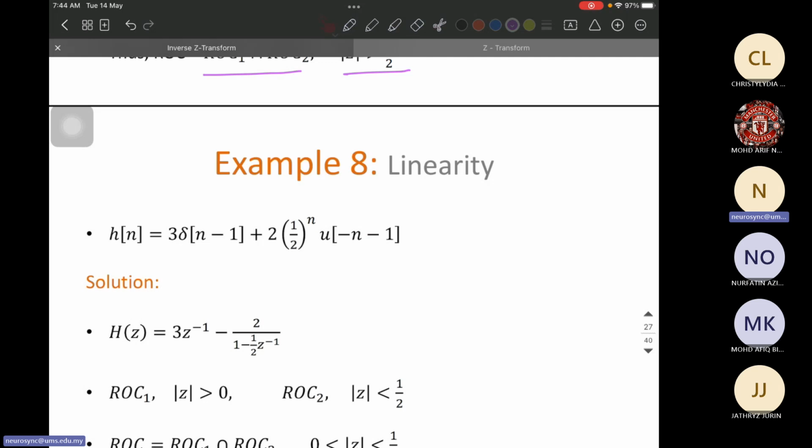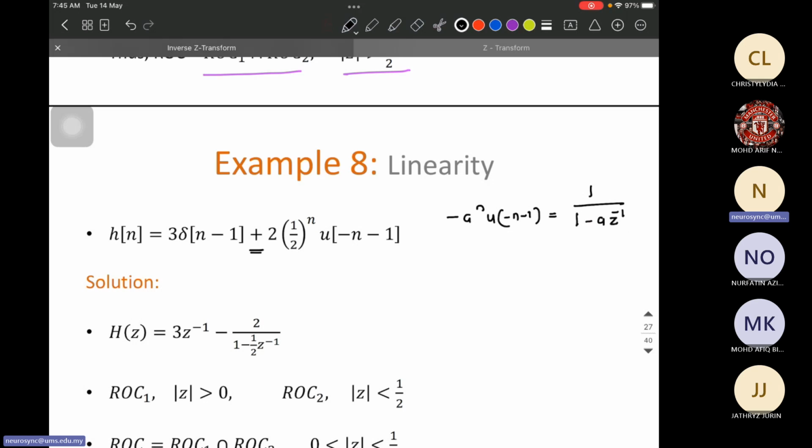Now this we can write. We know that the z transform of minus a to the power n u of minus n minus 1 is 1 by 1 minus a z to the power minus 1.